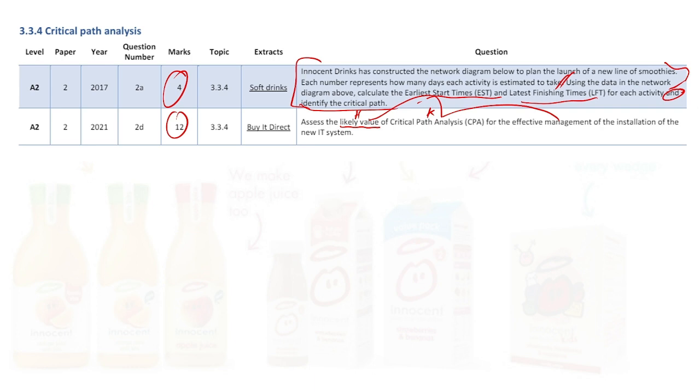Unfortunately, that is the rest of the question. What we've got there, obviously not meant to cross it out, is the remainder of the hook. So we know what it is. I want to know what effective is. Well, with a CPA question, effective might be coming in on time. I would be looking to use other language than EST, LFT. I would be integrating float times.